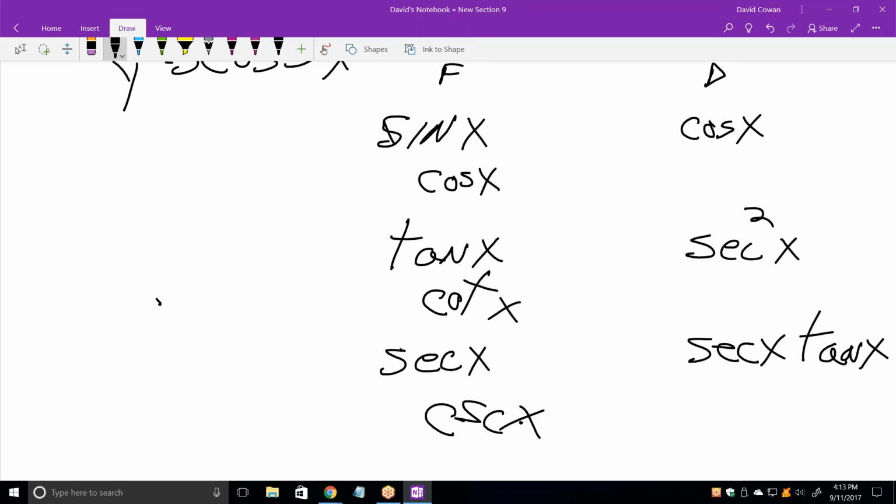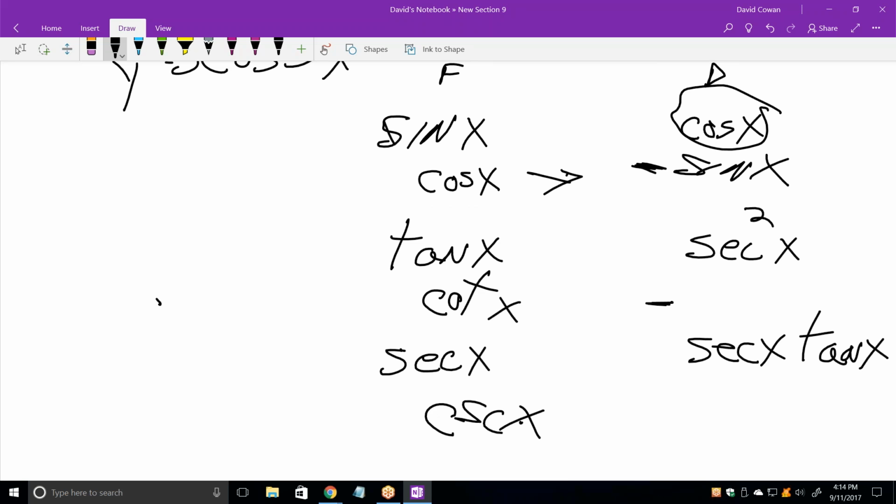Now, the derivative of sine was cosine. Well, the derivative of all of your cofunctions is first of all negative. Second of all, it's the cofunction of that. So that's what the derivative of cosine is. Now you tell me what the derivative of cotangent is going to be. Negative tangent. Negative.